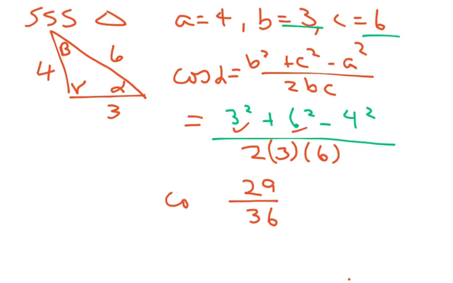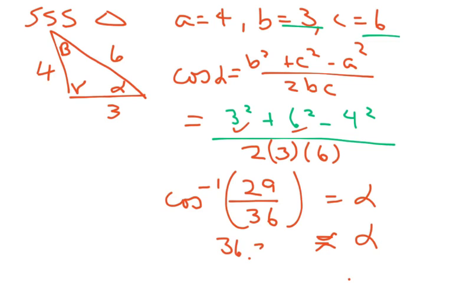Do cosine inverse of this to find alpha. So alpha approximately equals 36.3 degrees. That was really easy.